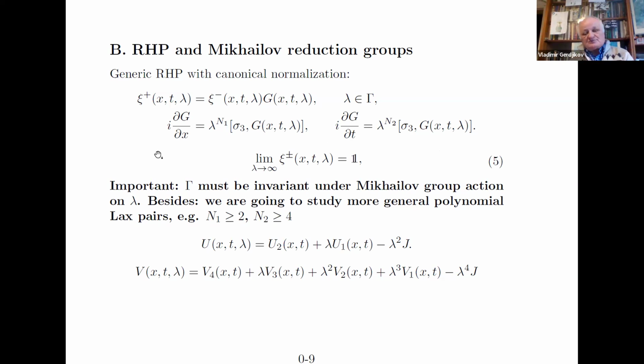This canonical normalization is important because it guarantees that if we consider regular solutions of the Riemann-Hilbert problem, then this regular solution is unique. That's why we need this canonical normalization.